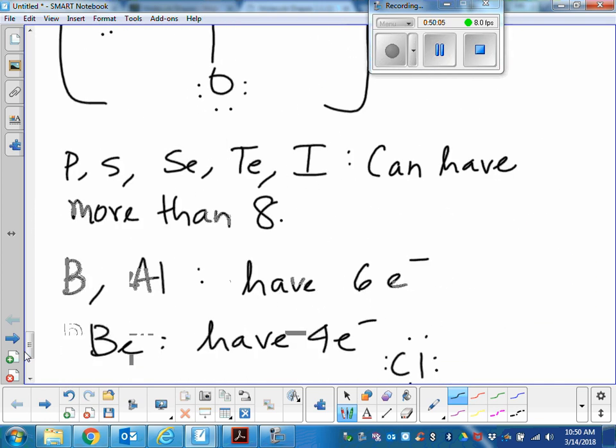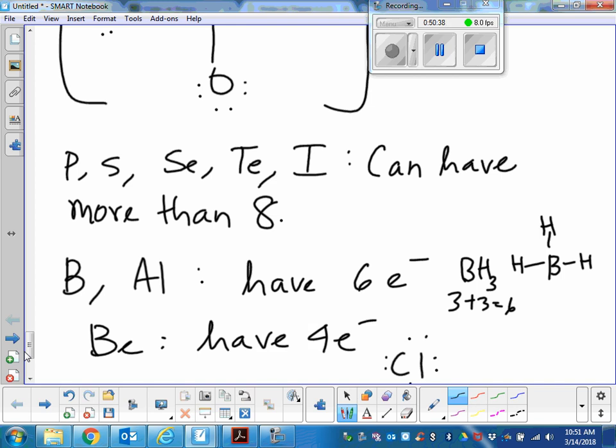Boron is 3 plus 3, 6. Boron and 3 hydrogens arranged around it. 1, 2, 3. You shouldn't be desperate and say, hey, do I need a double bond somewhere? There is no double bond formation possible. There are no more electrons. This arrangement is perfectly fine. It's a trigonal planar shape.